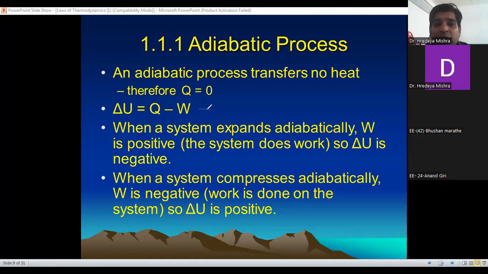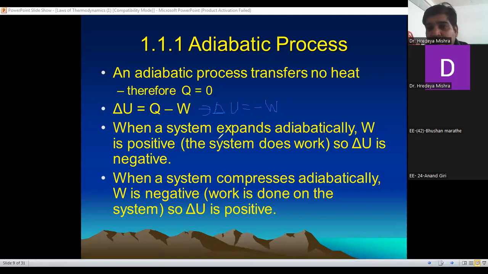If Q equal to zero, then in this formula, delta U equals minus W.